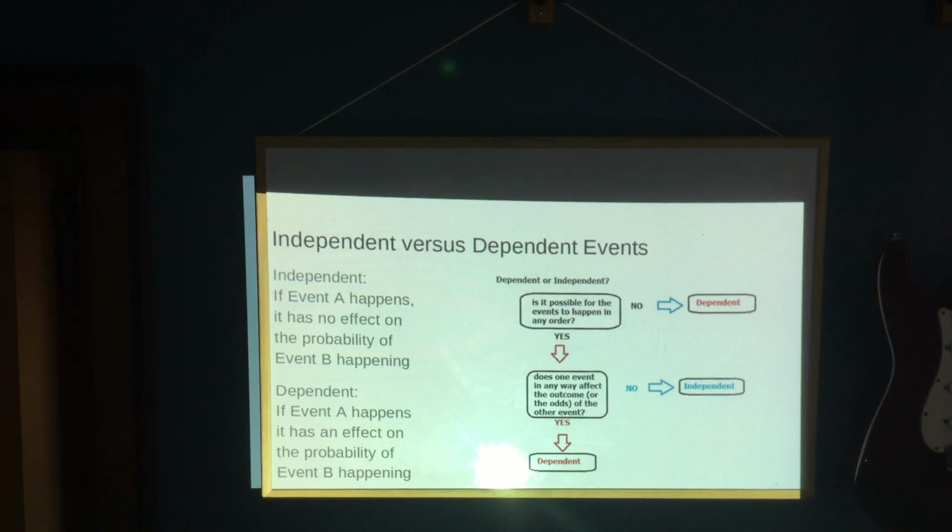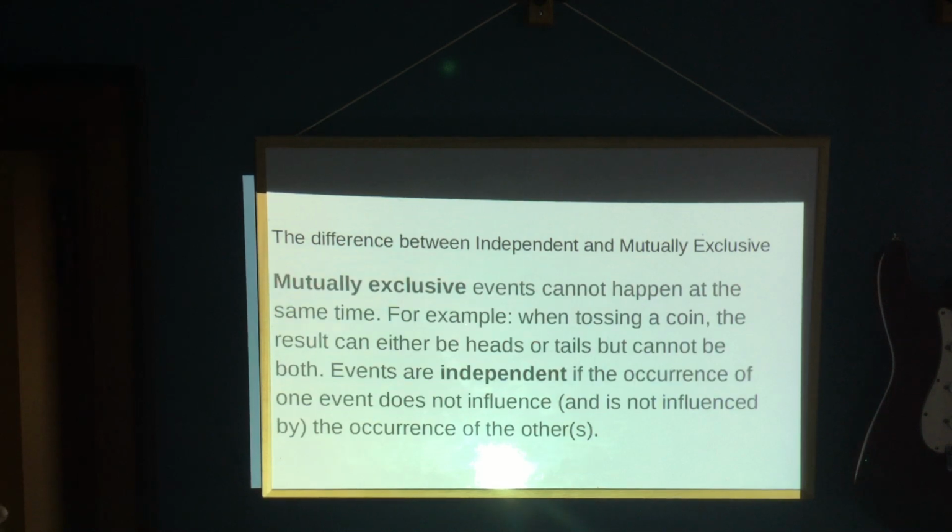An independent event is when, if the first thing happens, it does not change the probability of the second thing happening. Dependent events are the opposite. If the first thing does happen, it does change the probability of the second thing happening. And I know that's super confusing right now, but I just want to throw it out there first, and I'll get into more detail as we do these, and hopefully it clears itself up a little bit.